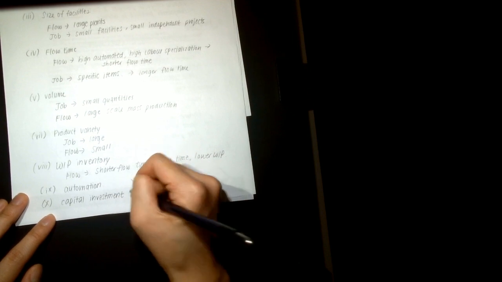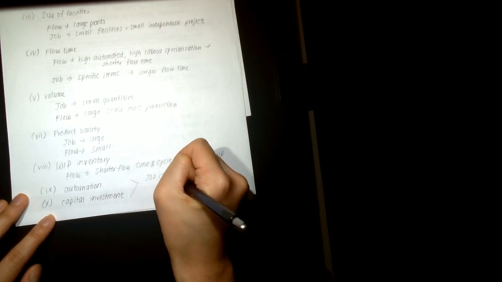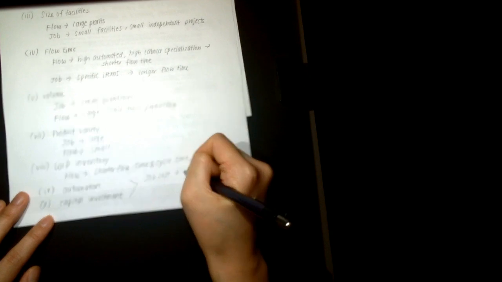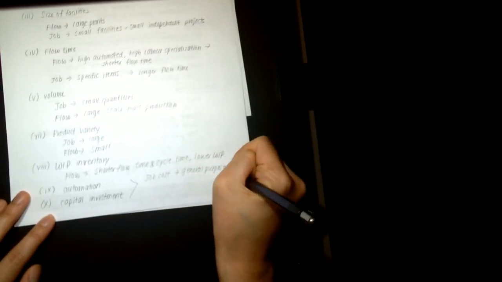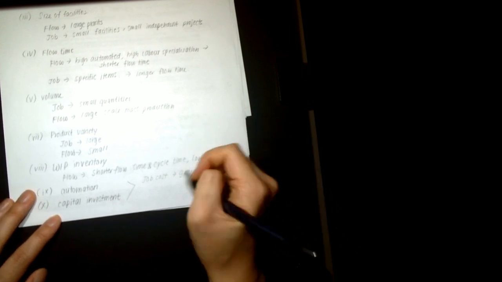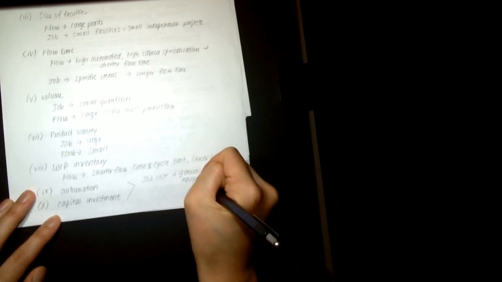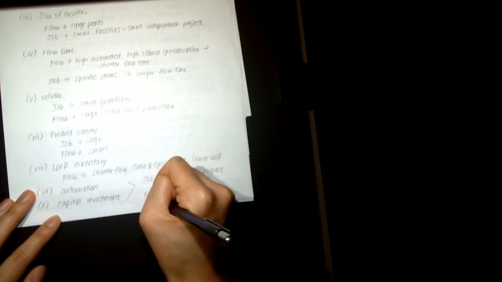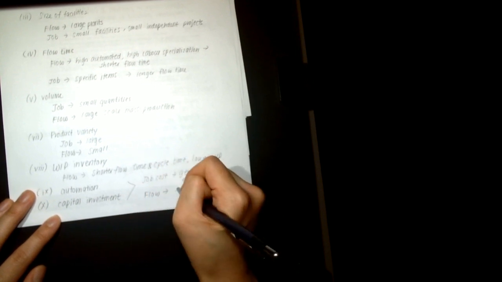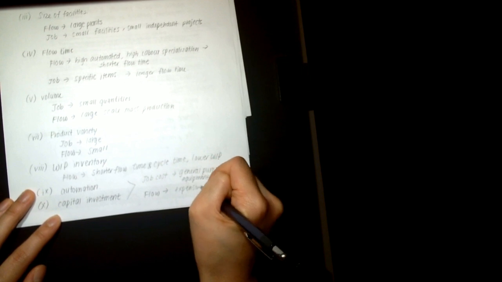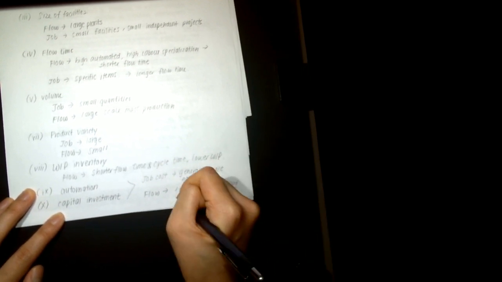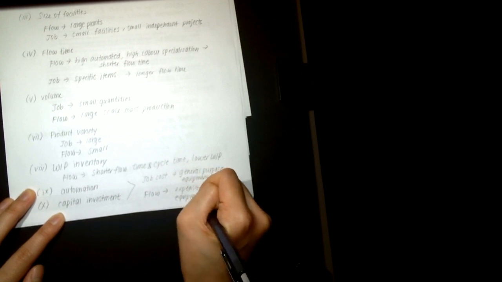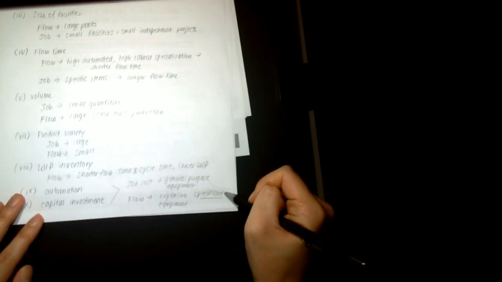Job shop uses general purpose equipment, since a lot of it is skilled labor, while flow shop would have expensive specialized equipment, because again, it produces a large number of the same product.